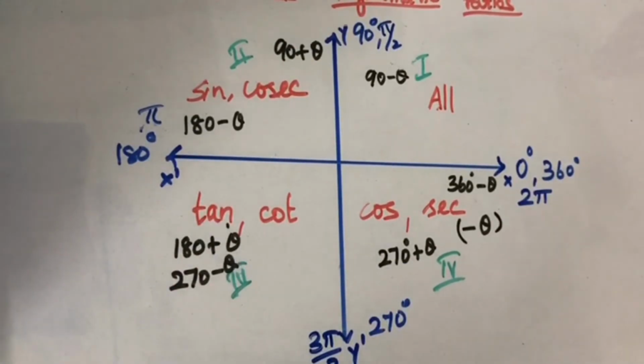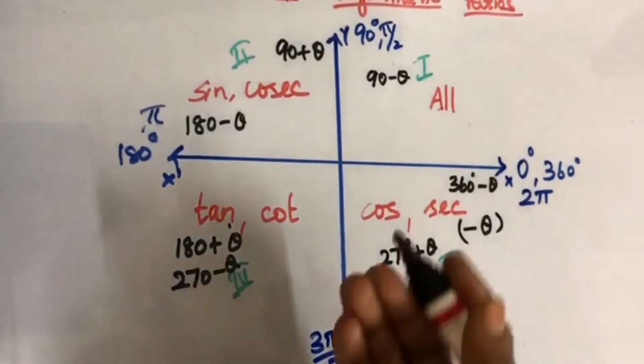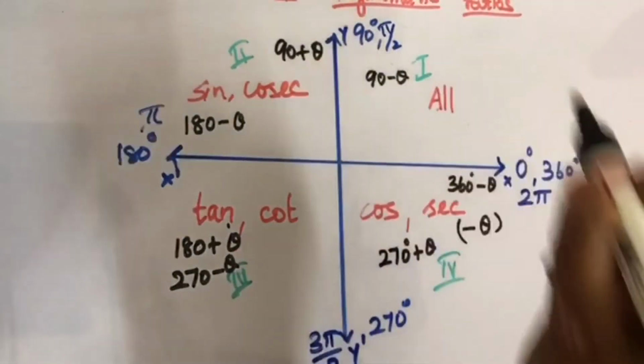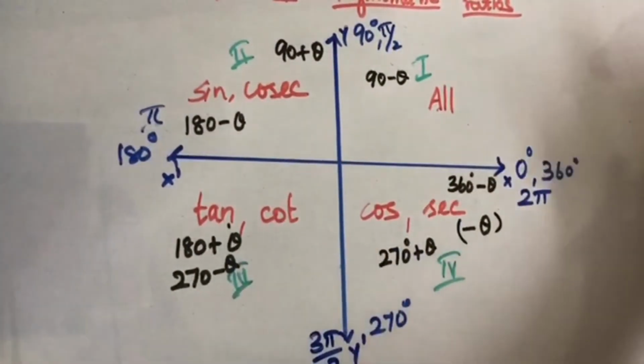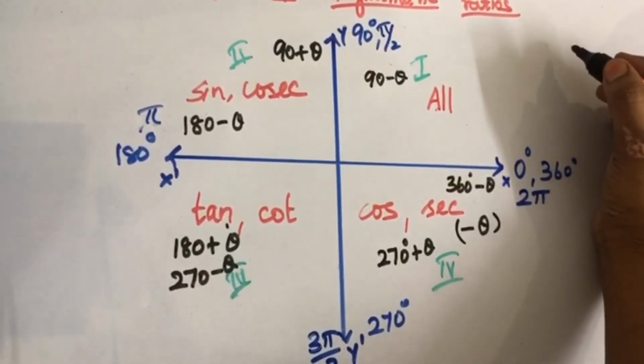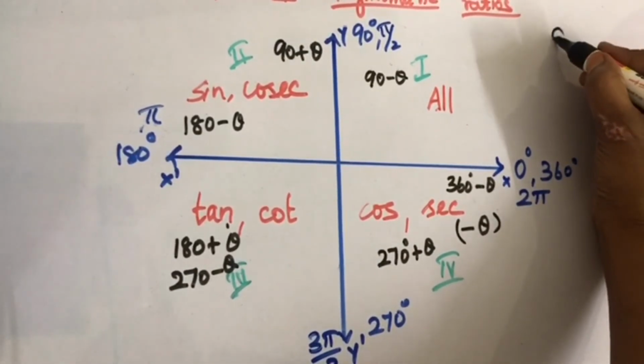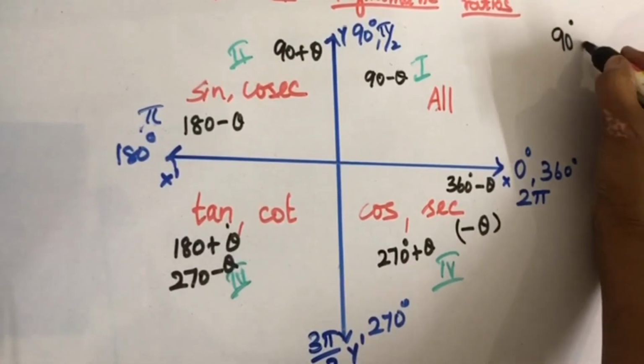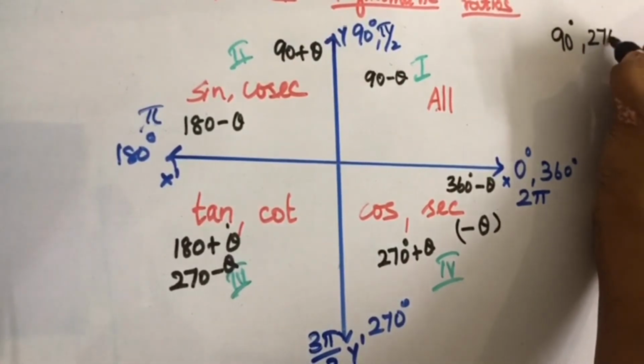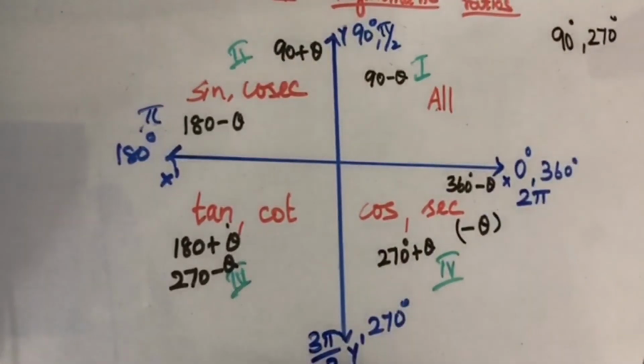How will you identify the change in trigonometric ratios? One simple clue for that: if it is 90 degree and 270 degree, there is a change in trigonometric ratio.